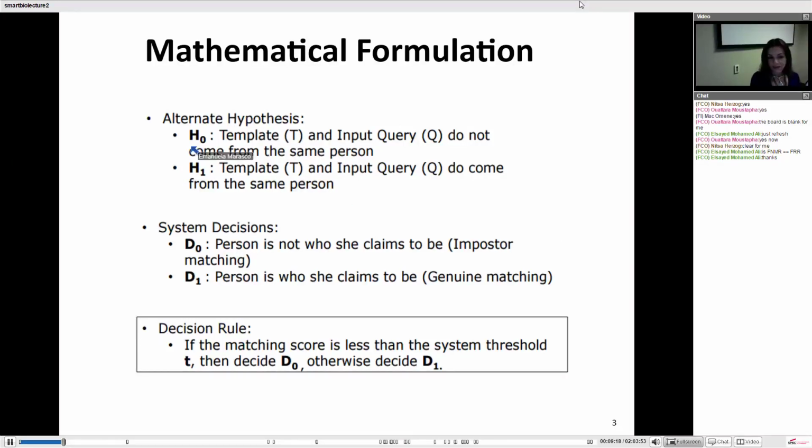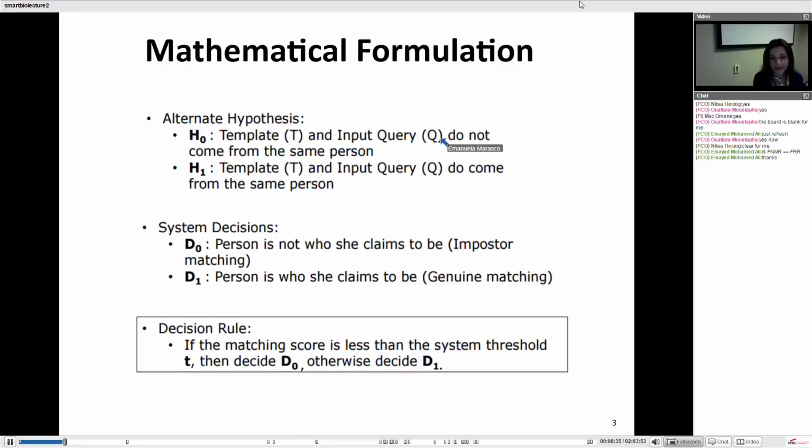The hypotheses H0 and H1 define the truth, the actual reality.